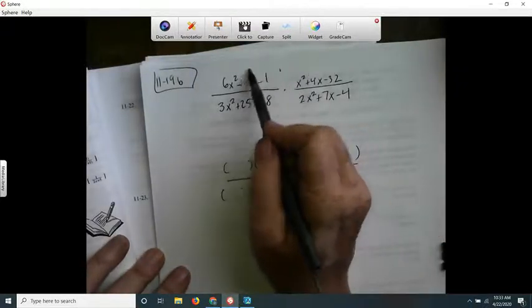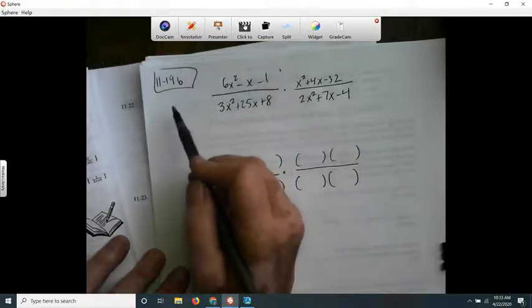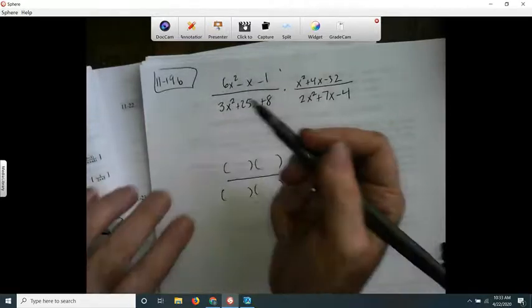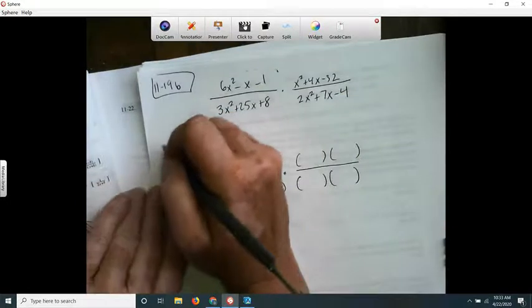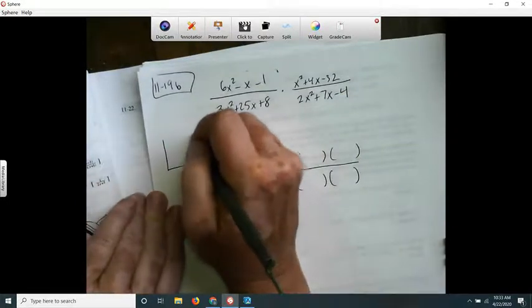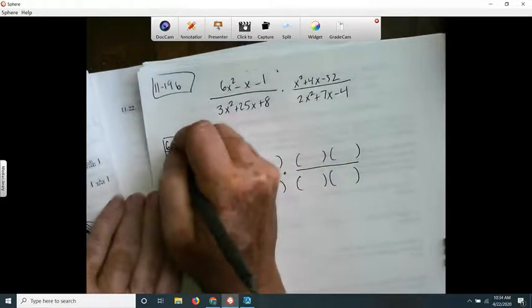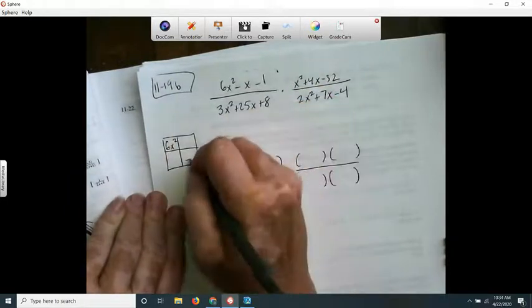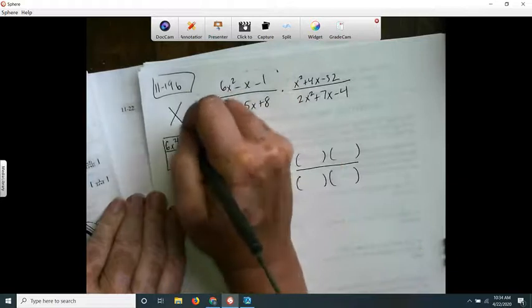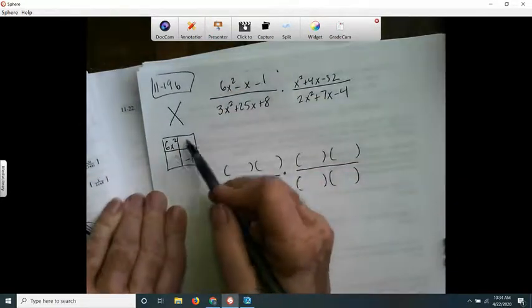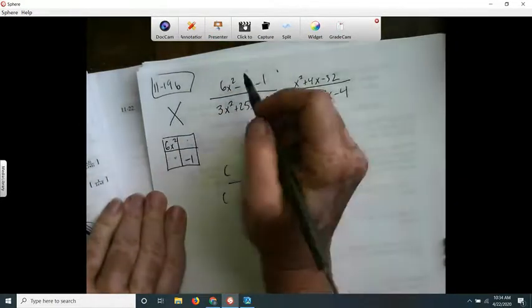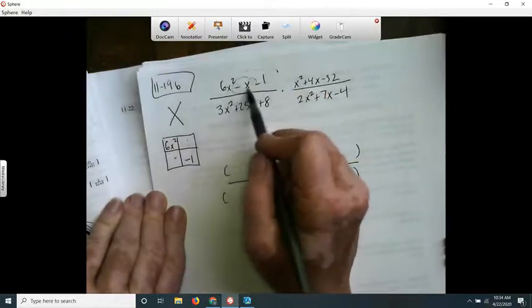So to factor this one, I'm going to go over here on the side. The way you start out, you're going to end up with an area model box. It's going to be 6x squared and negative 1. And then you're trying to find, it's kind of like you're trying to get that negative x.